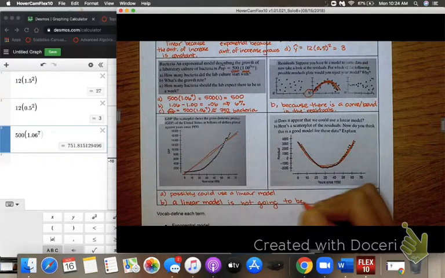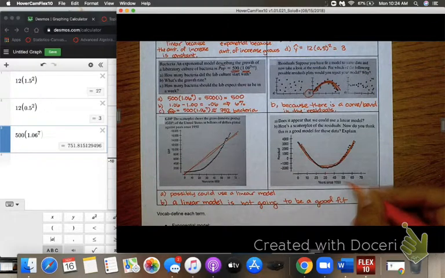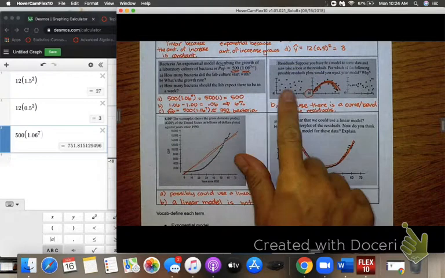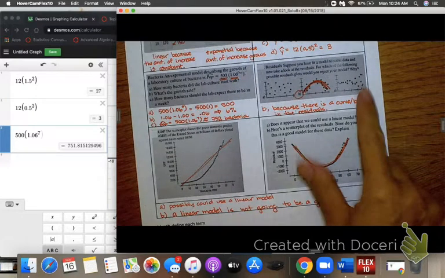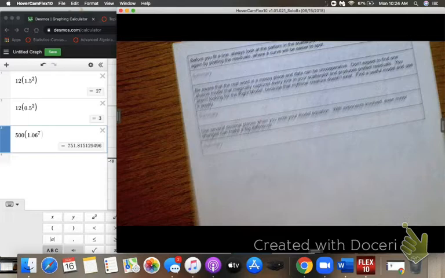Whenever we have residuals that show a clear curve, the linear model is not going to be the best fit, and I probably want to go in and check maybe an exponential model and see what those residuals look like. We want them to look a little more random, something like this, maybe even something like this. But we definitely don't want to see this curvature pattern. And you guys are going to need to finish the vocab and the what can go wrong on the back on your own.